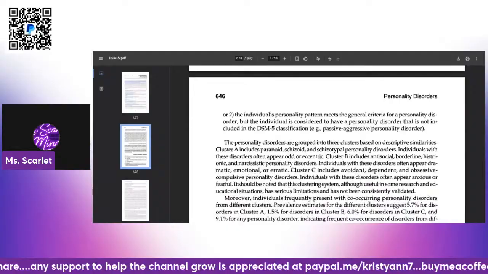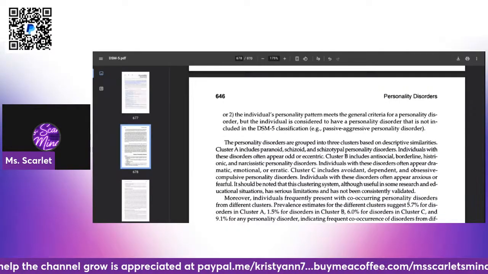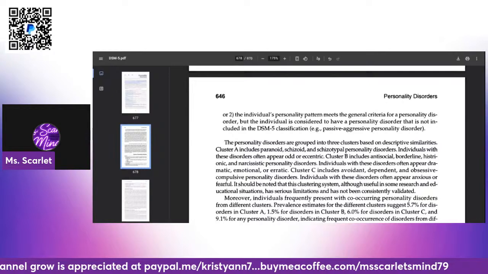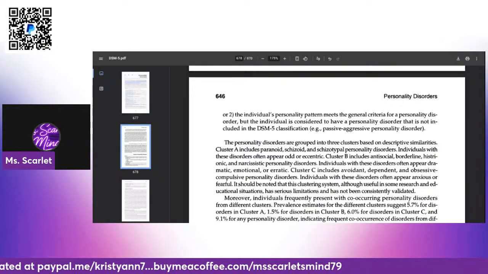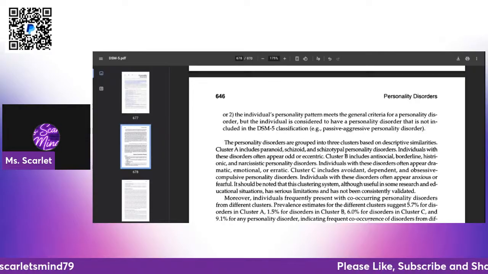And two, the individual's personality pattern meets the general criteria for a personality disorder, but the individual is considered to have a personality disorder that is not included in the DSM-5 classification. So, like passive aggressive personality disorder used to be in the DSM, it's no longer in the DSM, so that would be in this category.